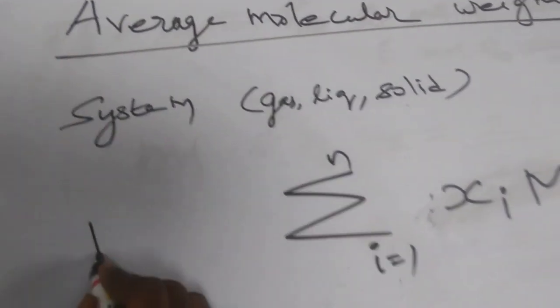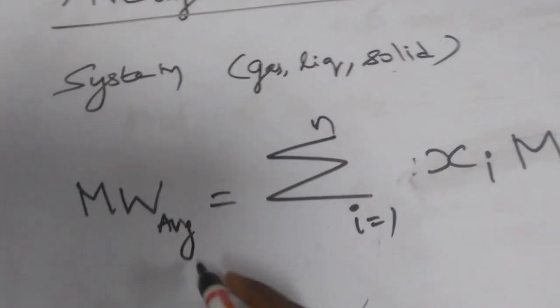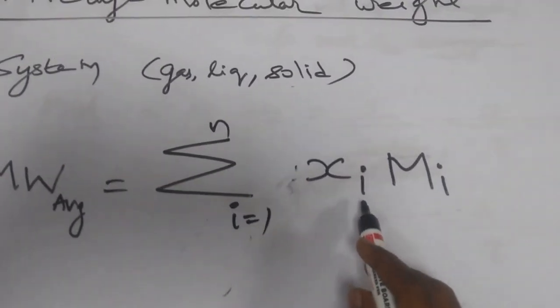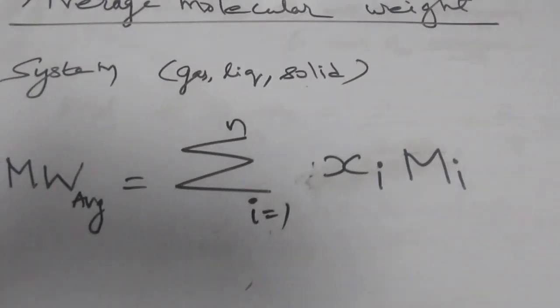Then the average molecular weight is equal to the algebraic sum of the products of mole fraction and molecular weight of each component.